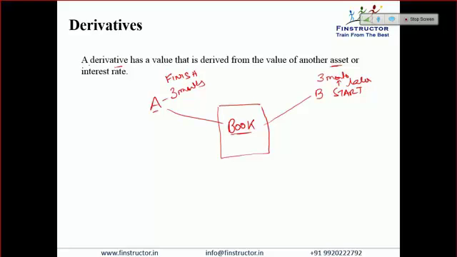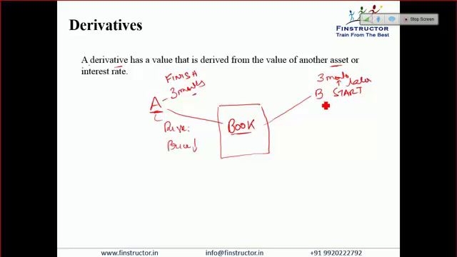Now, what is the risk of counterparty A to begin with? 3 months later, he or she may want to sell this book because she's finished reading it and she doesn't want it anymore. So the risk in case A wants to sell the book 3 months later is that the price of this book will go down.